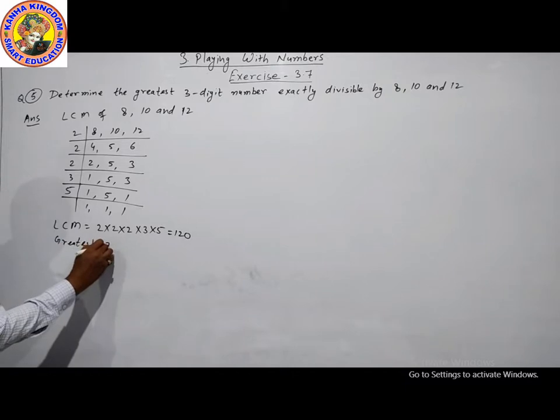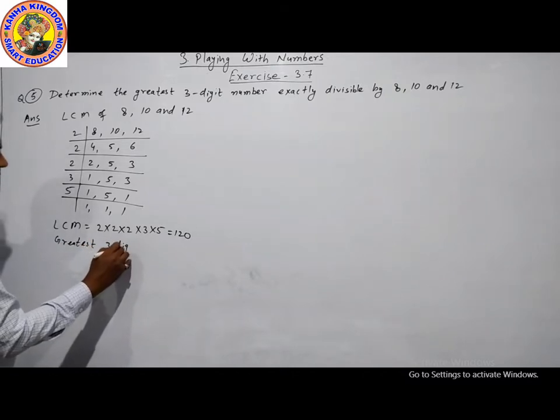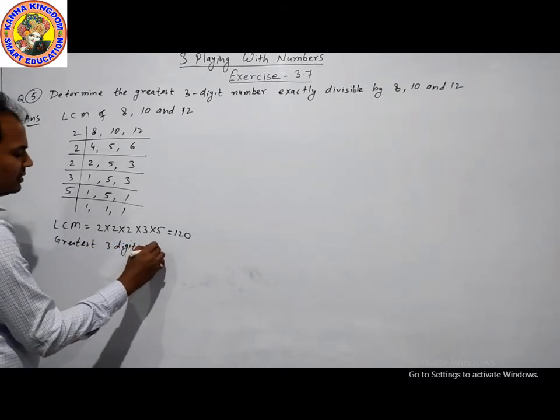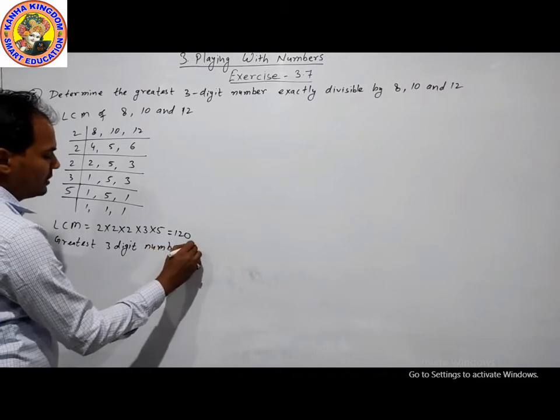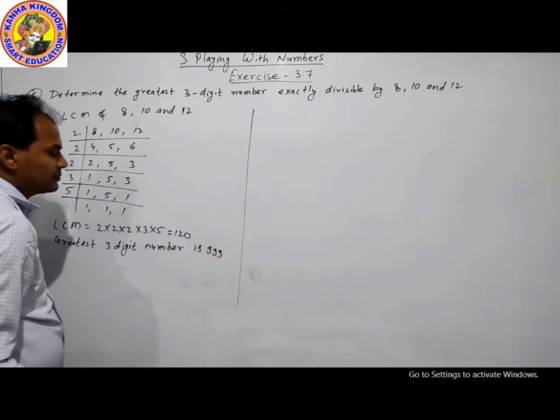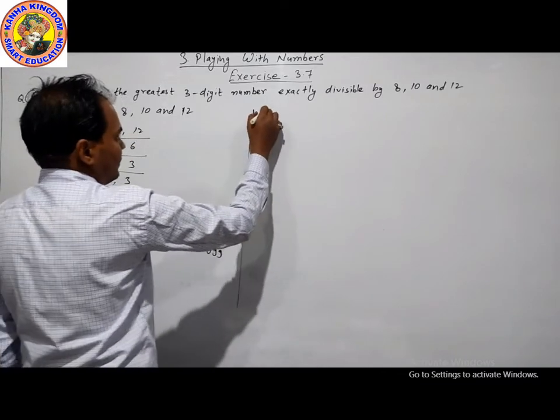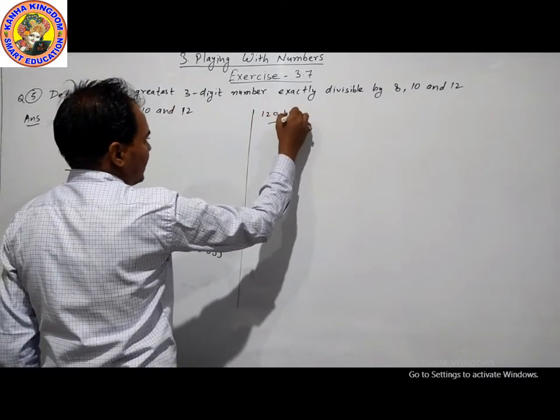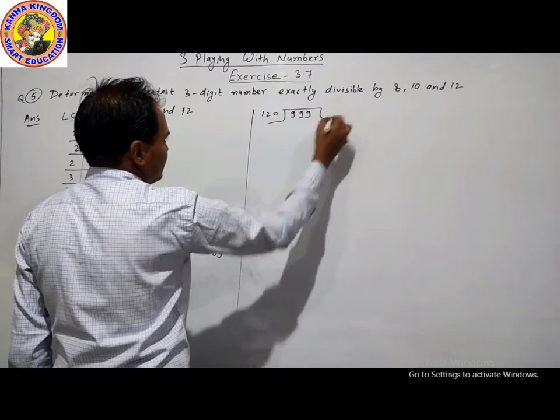The greatest 3-digit number is 999. Now we will divide 999 by 120.